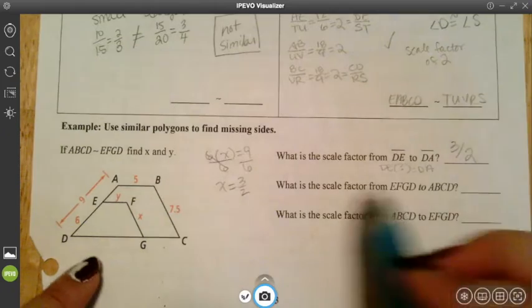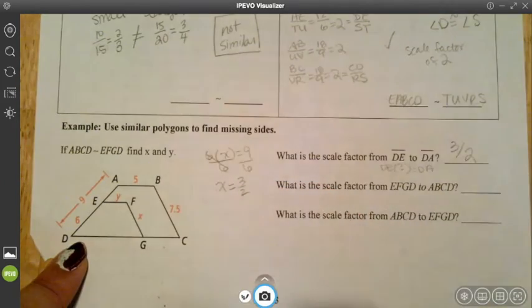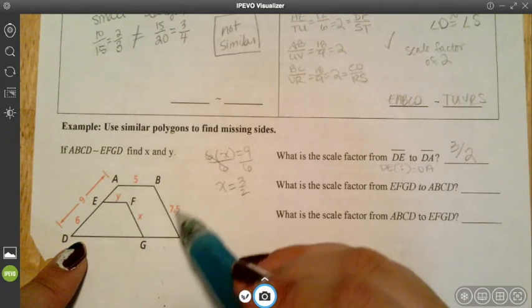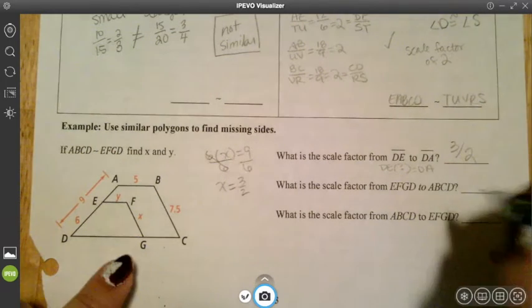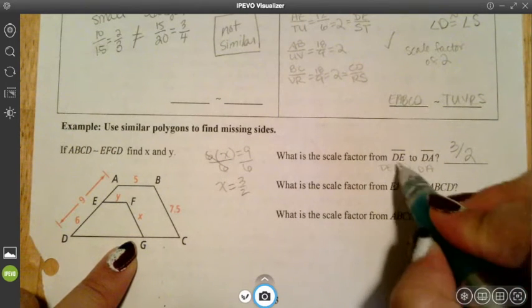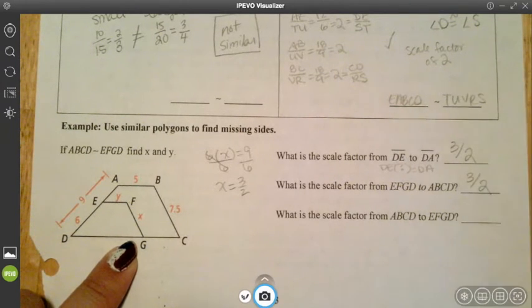So then what is the scale factor from EFGD to ABCD? Well, from our little to our big, it's growing, so it should be a scale factor bigger than 1. EFGD had the same side as DE, so I can use the calculation from above, 3 halves.